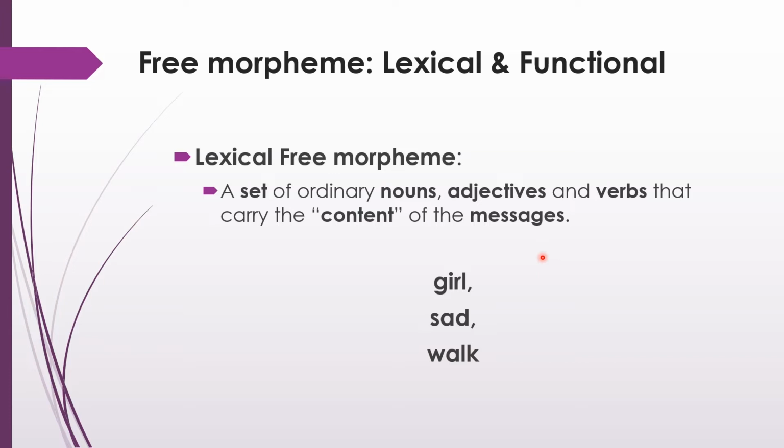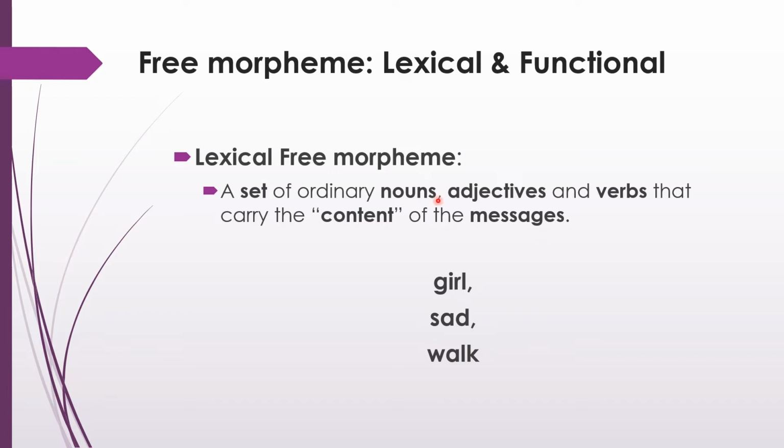In a particular sentence, nouns, adjectives and verbs are the content of the message, so they carry the content of a message. That's why we refer to them as lexical free morphemes.